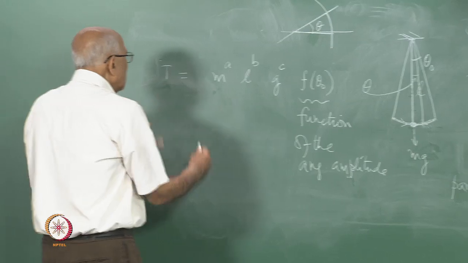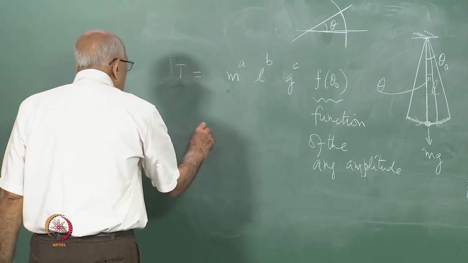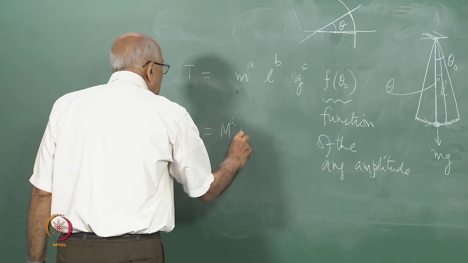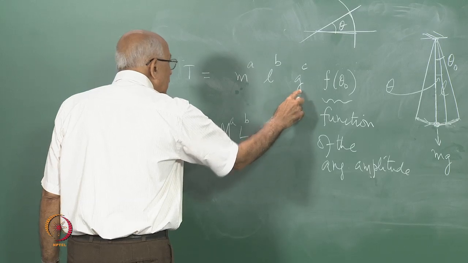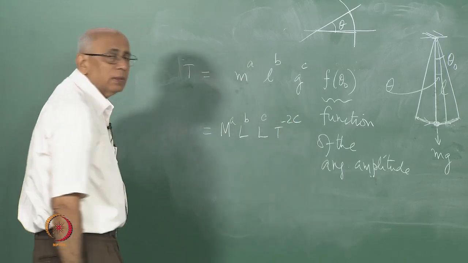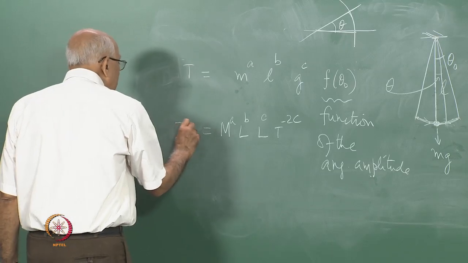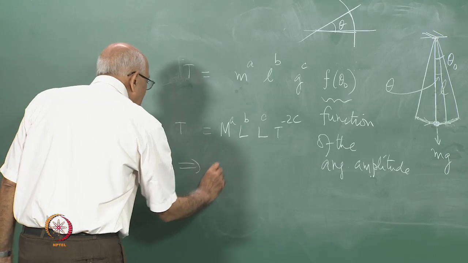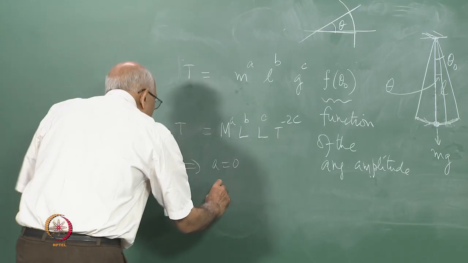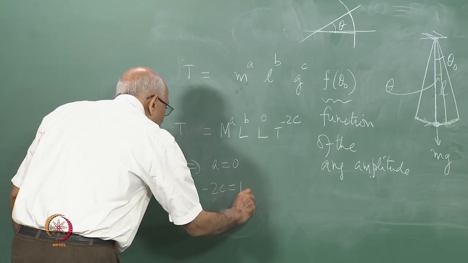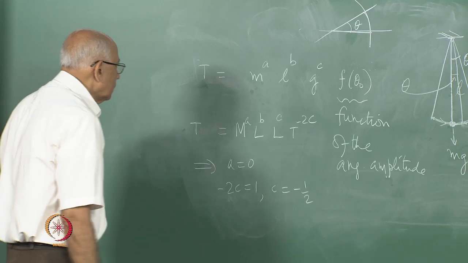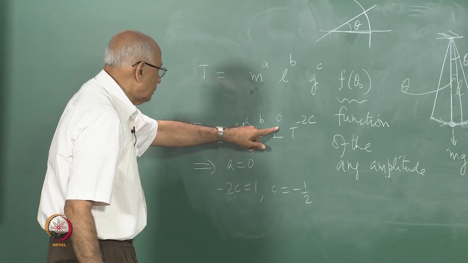And now what we can do is to say, all right, t must be equal to m to the power a from this, and L to the b from that, and g was L t to the minus 2, so L to the c, t to the minus 2c. And this should be equal to t, which will of course immediately imply that a must be equal to 0, minus 2c must be equal to 1, or c equal to minus a half, and that tells you what c is.